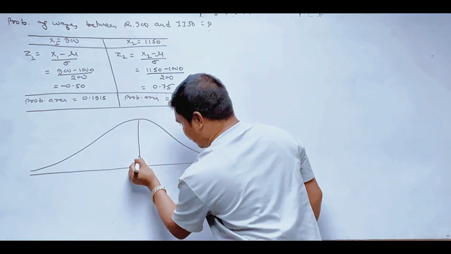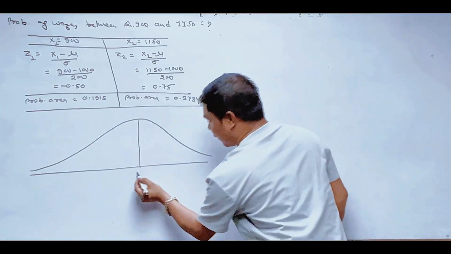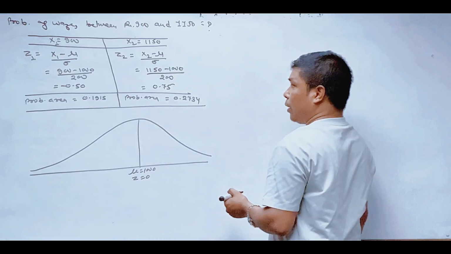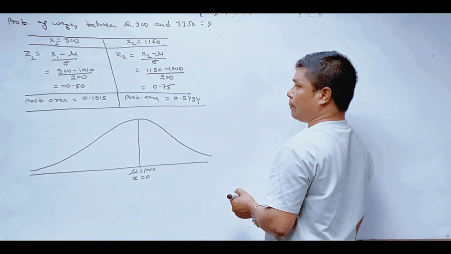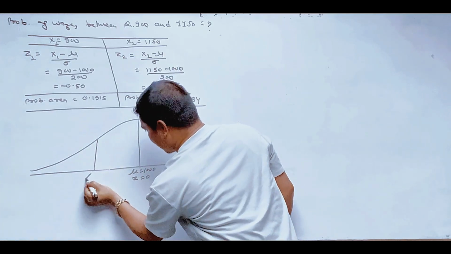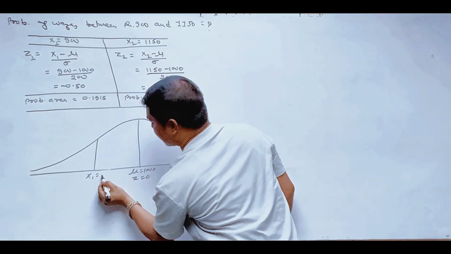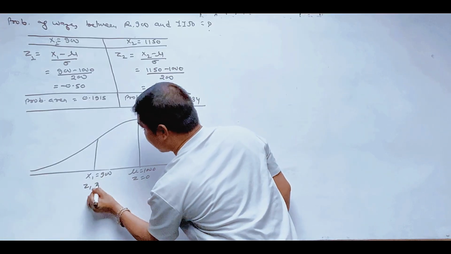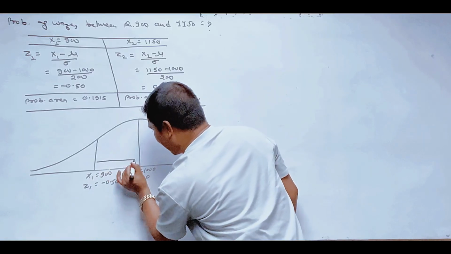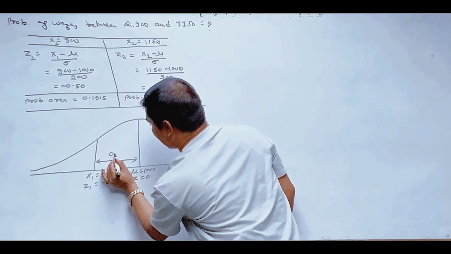The central line is denoted by mu equals 1000, z equals 0. The first variable 900 is located at the left side of the central value, which is x1 equals 900 and z1 equals minus 0.50, and the probability area from the central line is 0.1915.